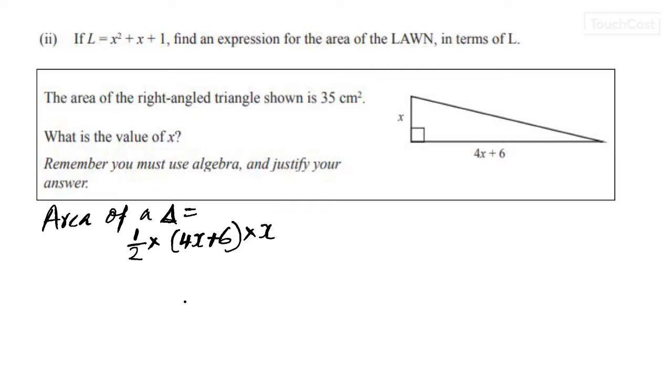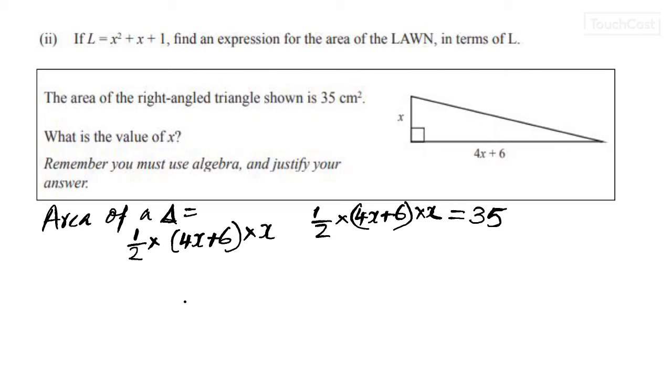Now half, 4x plus 6 has to be enclosed within brackets, times x. That should give us 35 square centimeters.